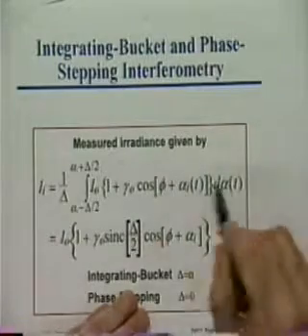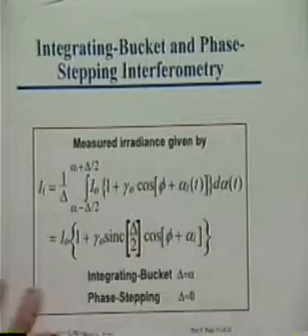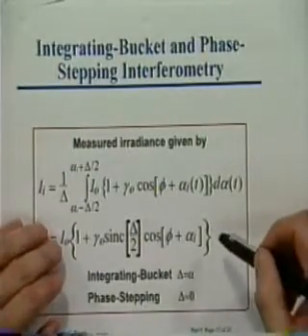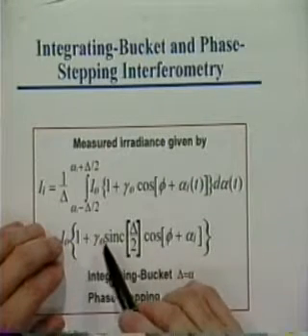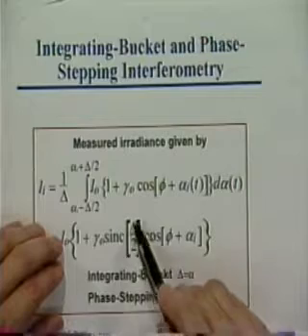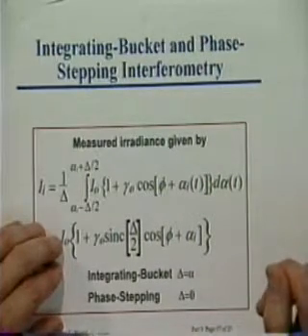If we go through this integral, and I'm not going to do it in class, but the interested student will do it. In fact, the interested student already has done this in a homework problem, although maybe you don't realize it yet. This will turn out to be gamma naught, and then we're going to get a sinc of delta over 2 times the cosine.